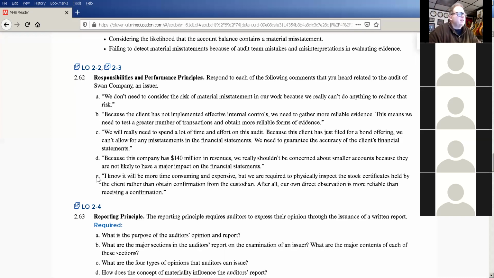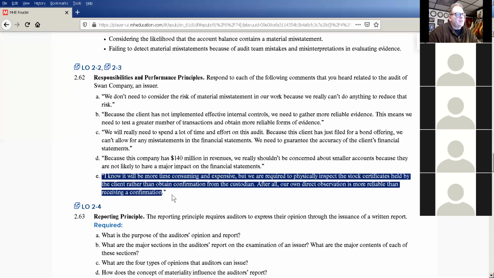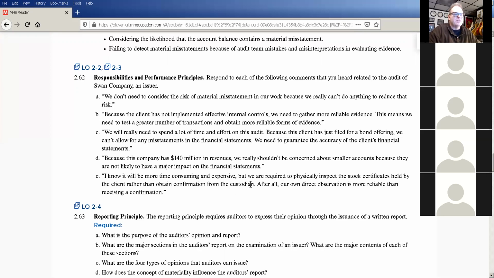So with this one, it's hard to know. It doesn't say the size of it. Is it 1% of their assets, or is it 10% of their assets? That would make a difference as far as the assurance you need. But you also don't necessarily have to get the best evidence.